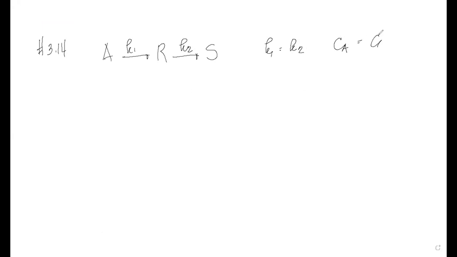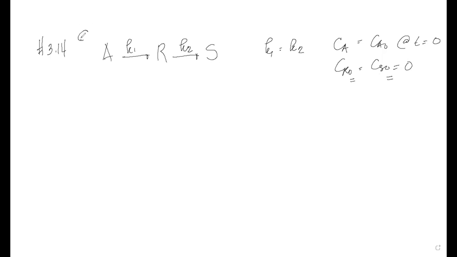C_A is equal to C_A0 at time equal to 0, and your C_R0 and C_S0 are all 0. So the zero subscripts imply that we are determining the concentration at time equal to 0, or that's at the start of the reaction.